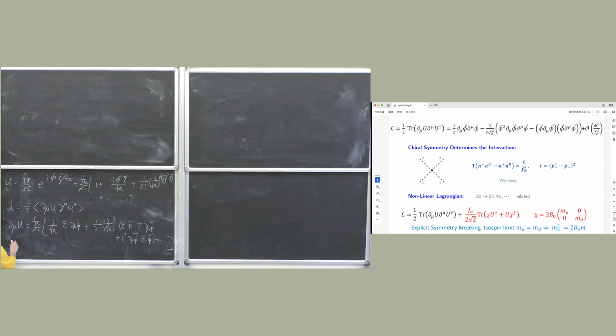And similarly, partial mu U dagger should equal to, so this one we just add a minus sign, and this one is plus, and again the next term should be minus, plus, like this. So what we need to do is just to put these two terms inside this trace.